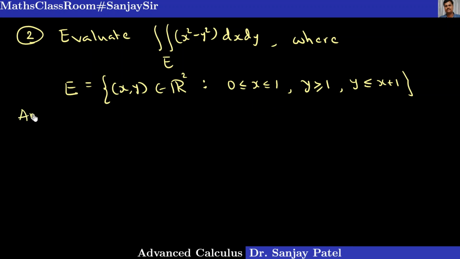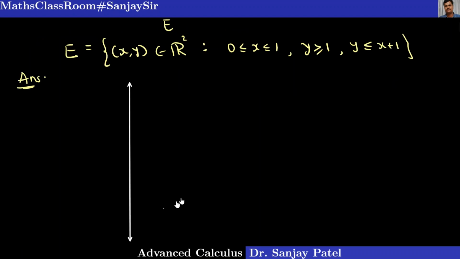So let us solve this problem. Here x varies from 0 to 1, that is one thing. Y is greater than or equal to 1. So let me draw the figure first. Say I must draw x-axis, y-axis.